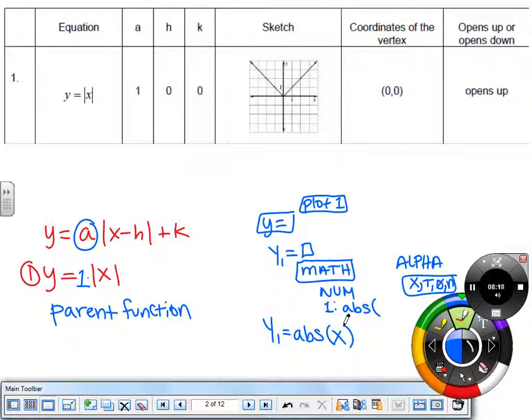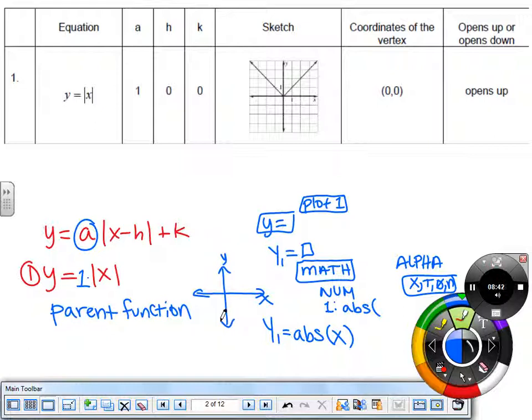Now, I don't want to just push graph right away because our windows are probably set from all that data we were working with before, which probably isn't the nicest way to see the absolute value function. We're going to go ahead and use a pretty standard window, and what they consider the standard window is when your graph basically goes from 10 to negative 10 in all directions, numbered by ones.